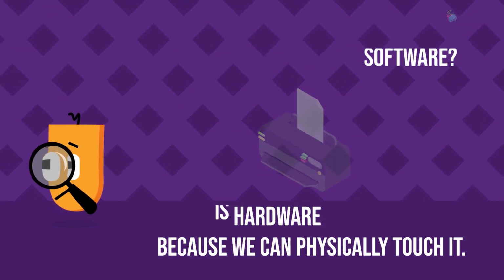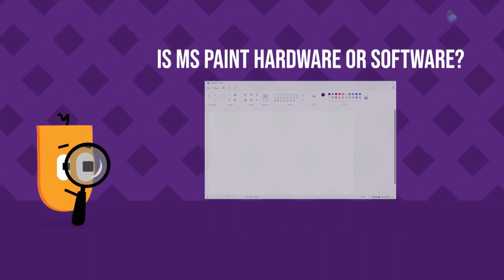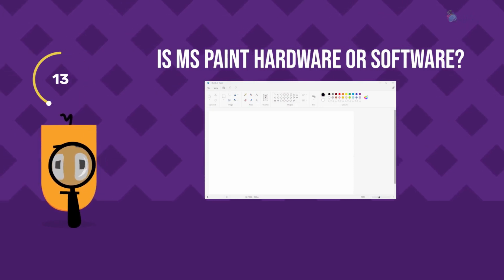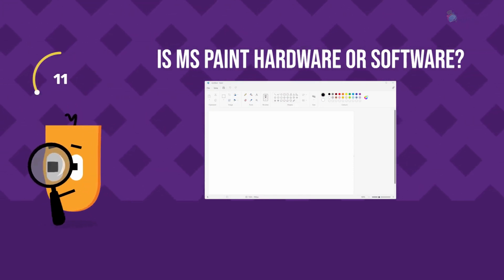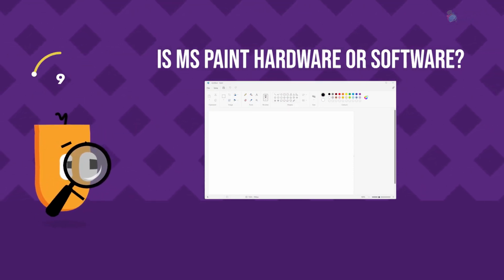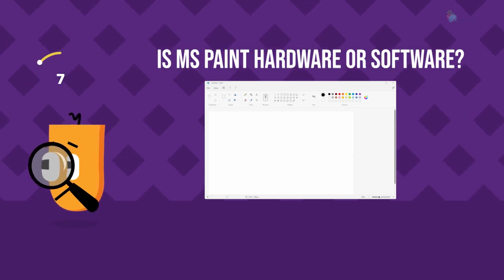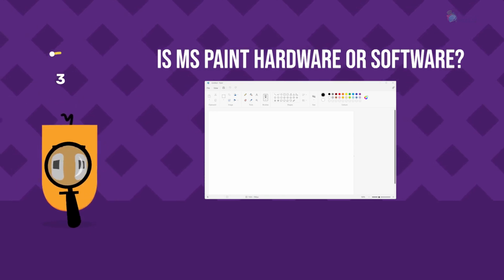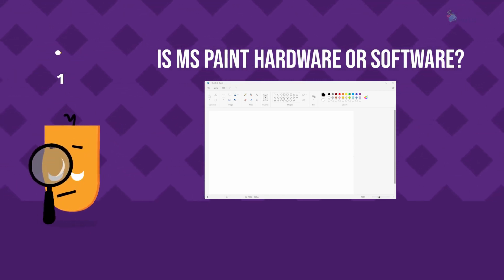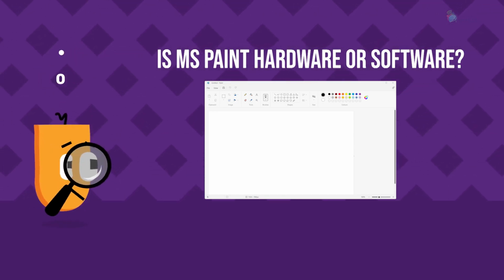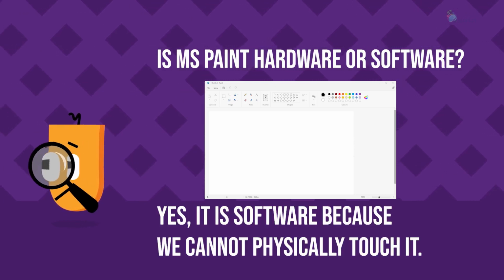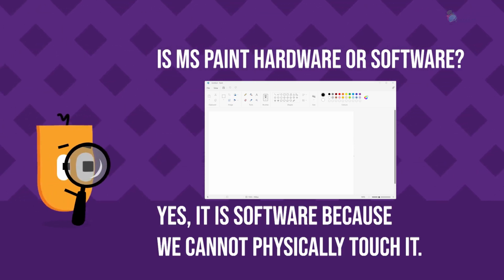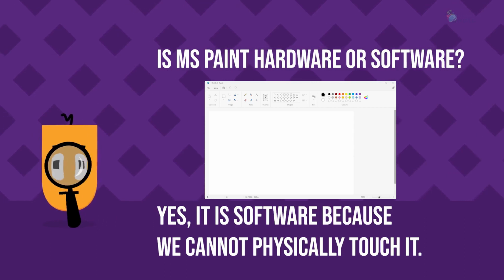Now you tell me, what is Microsoft Paint? You are right. It is a software because we cannot physically touch it.